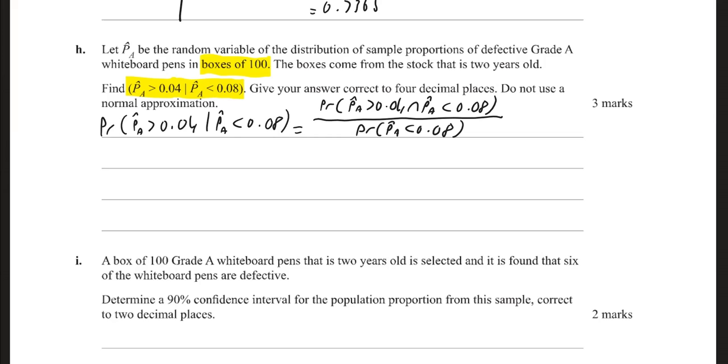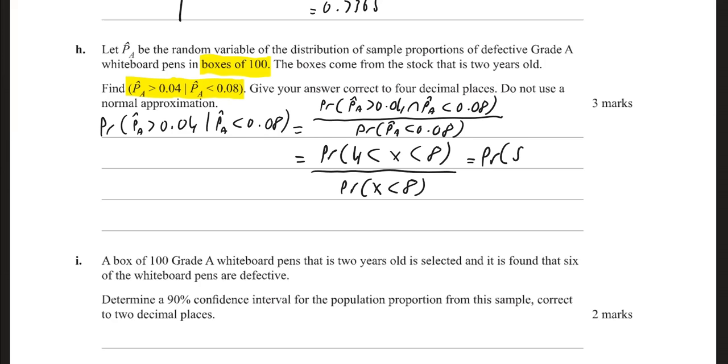So then we can do it by CAS. So to make it in terms of x, it's going to be PR of 4 less than x, which is less than 8, divided by PR of x is less than 8, and satisfy the other condition we need. And then you can evaluate this by CAS and you get 0.5000.